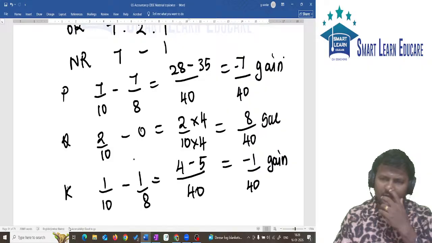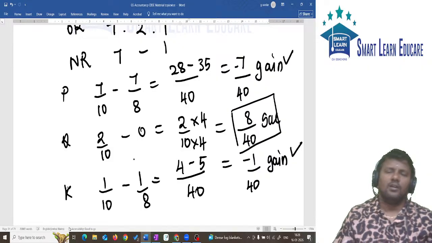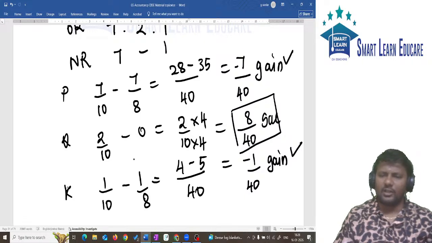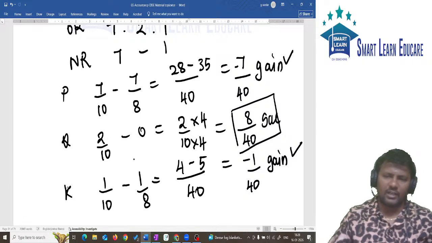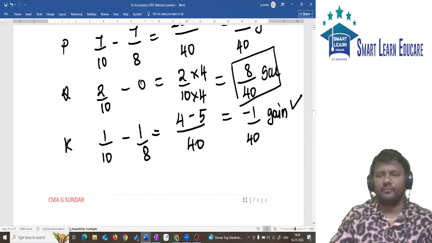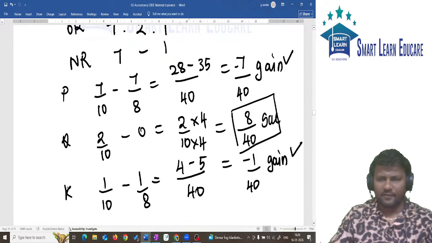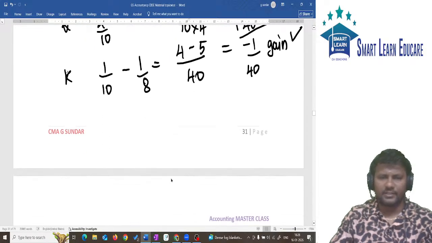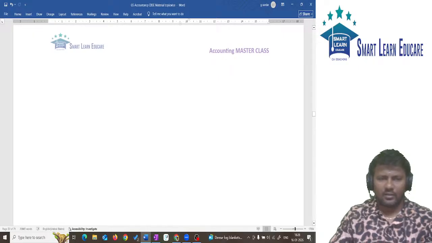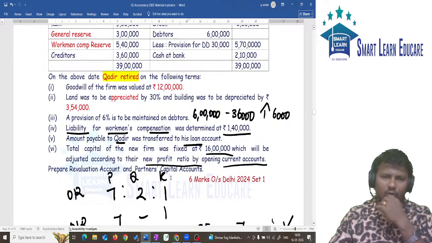But if you add the gains, you should get the sacrifice: minus 7 by 40 minus 1 by 40 gives 8 by 40. So sacrifice over, gain over. Next step, goodwill.